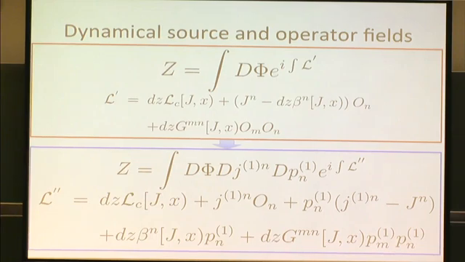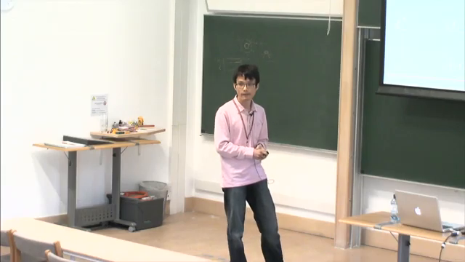So let's see how it works. In this action, the action is linear in small j1, so small j1 is a Lagrange multiplier. If you integrate out small j1, you get a delta function that enforces the constraint that p1 equals minus O_N.